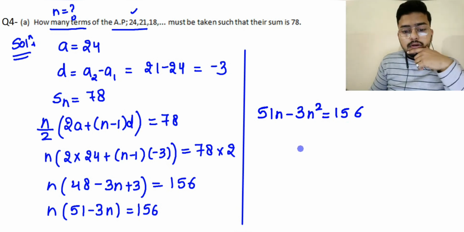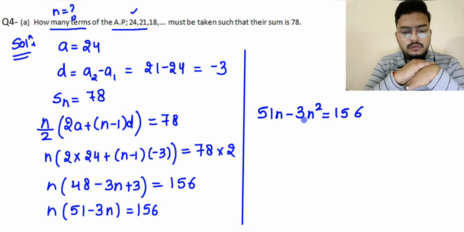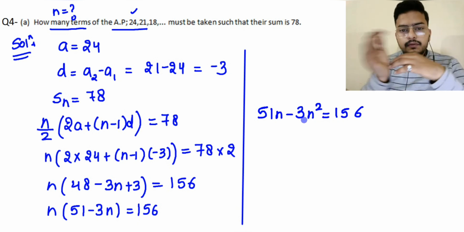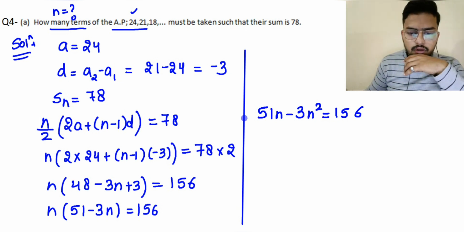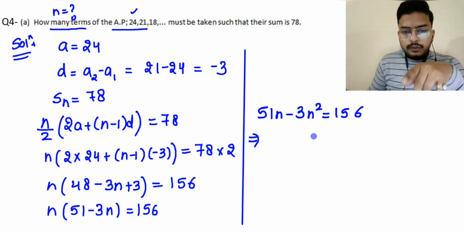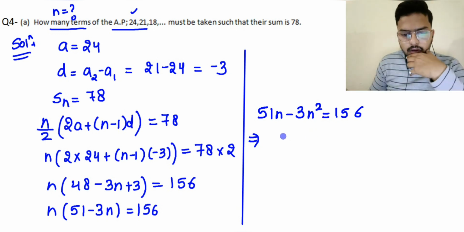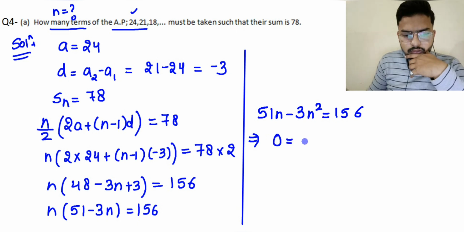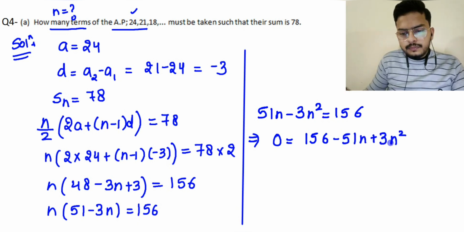I told you that whenever the coefficient of the x square term, the highest power term, is negative, just make it positive. So from here, take the minus 3n square from the left-hand side to the right-hand side. How? Just look, this is exactly 0 equals 156 minus 51n plus 3n square.